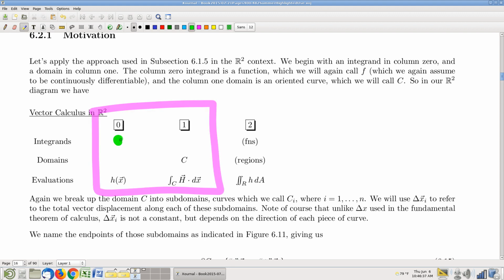We're going to assume we have an integrand in column 0, a domain in column 1. Notice our domain in column 1 now, it's not an interval, because we're not in R1 anymore. We're in R2. Column 1 domains in R2 are curves, oriented curves.